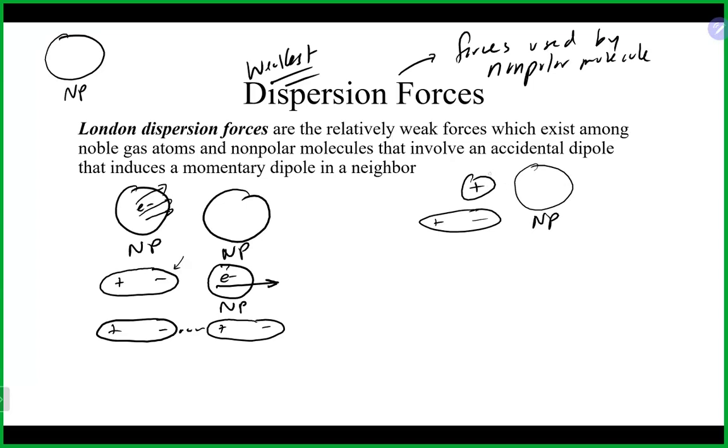These are sometimes referred to as ion-dipole interaction, and this is what is sometimes referred to as ion-induced dipole and dipole-induced dipole. It's an induced dipole because the molecule doesn't normally have that; it is caused.